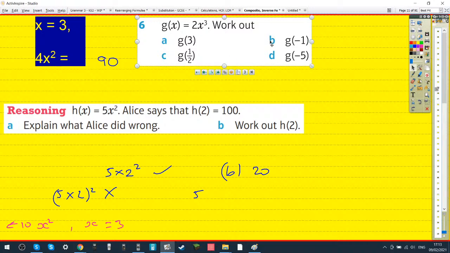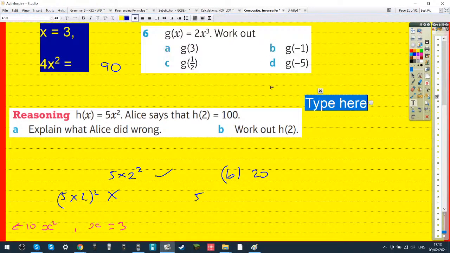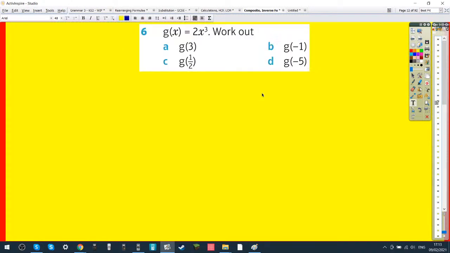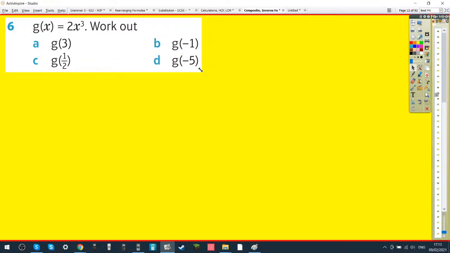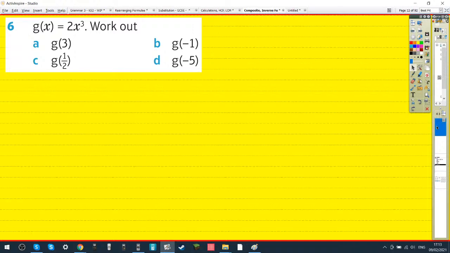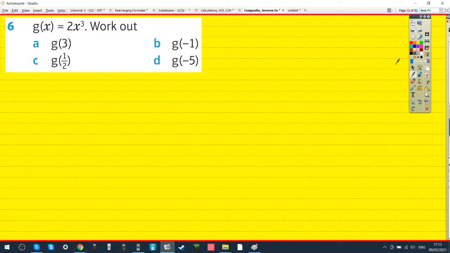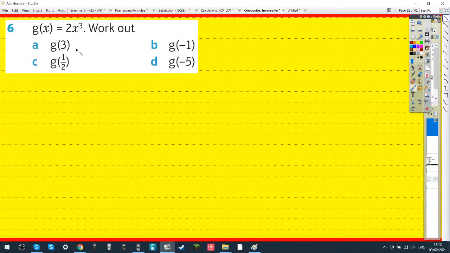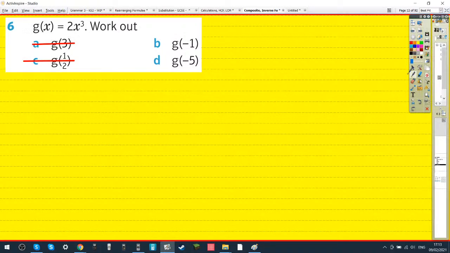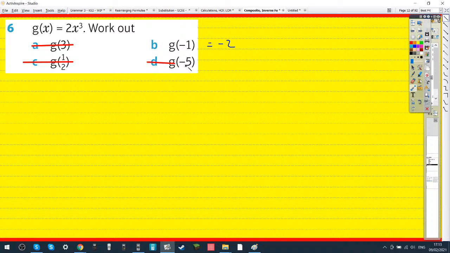What is question B? g of minus 1. So that would be 2 times minus 1 squared. Oh no, cubed. And that is minus 2. Minus 2 is correct. Yep, that's great. I don't think we need to do any more of those.